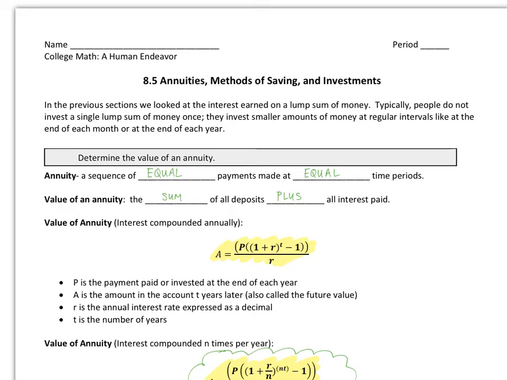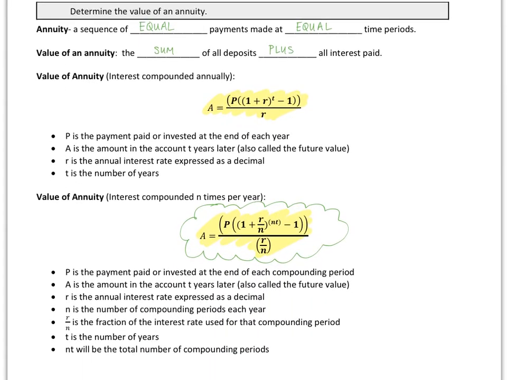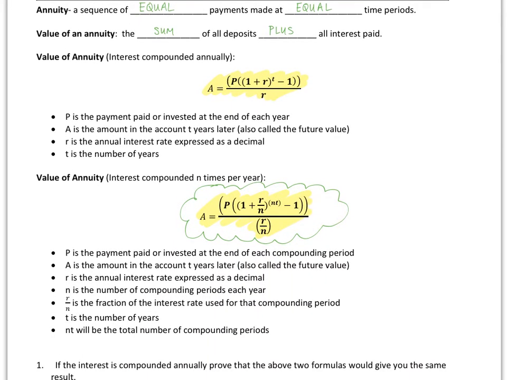So for the value of an annuity, we have this formula. That's if the interest is compounded annually, but we really don't need to focus on that one. We can focus more on our general one, which is this right here. The value of an annuity that's compounded n times per year is going to be equal to this big old formula.